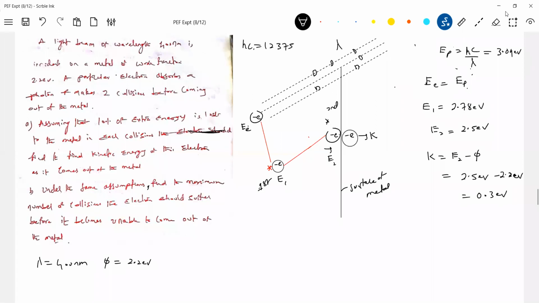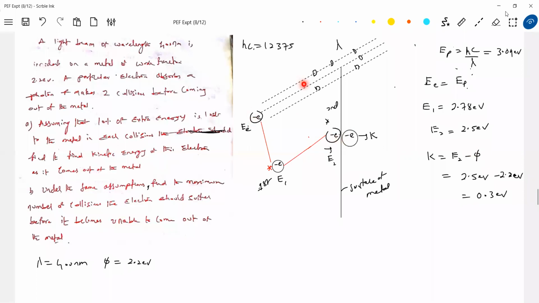Able to imagine? Some students, and some books too, do something different: they subtract the work function first, 3.09 minus 2.2 electron volt, and then the electron encounters the collisions with the remaining kinetic energy. No, no way, the work function will not come into the picture that early.